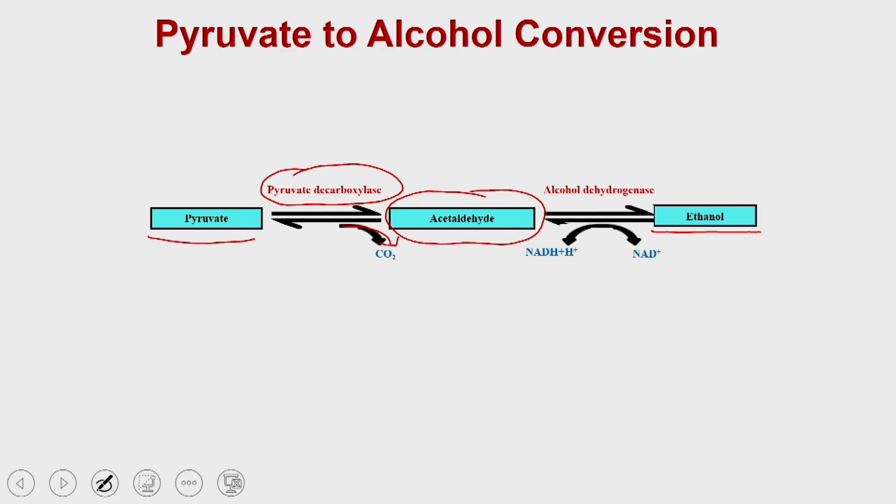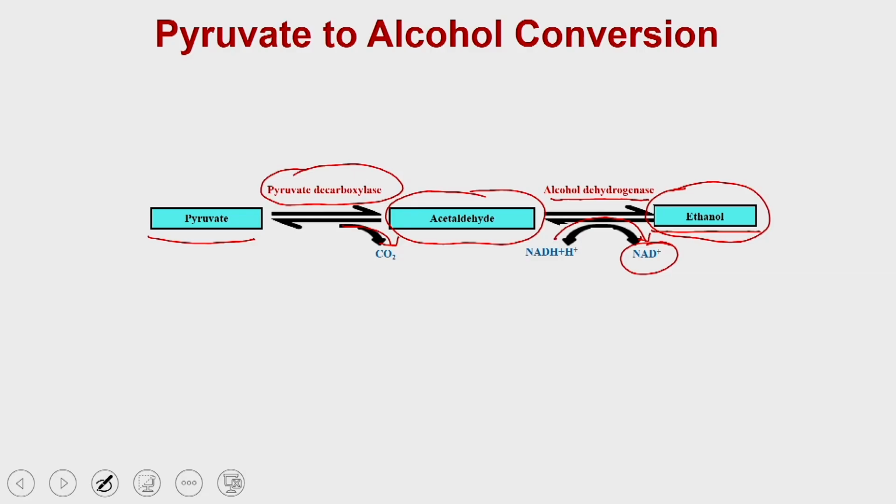Then the acetaldehyde is being processed by the alcohol dehydrogenase, and one molecule of NADH is being used to produce the NAD plus, and ultimately the acetaldehyde is getting converted into the ethanol.